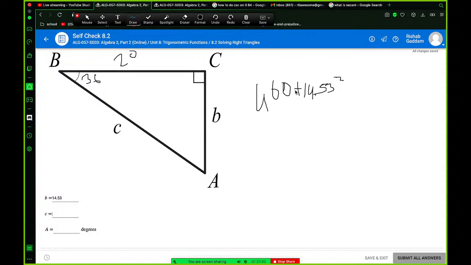That gives you approximately 211. I'm just gonna use 211.